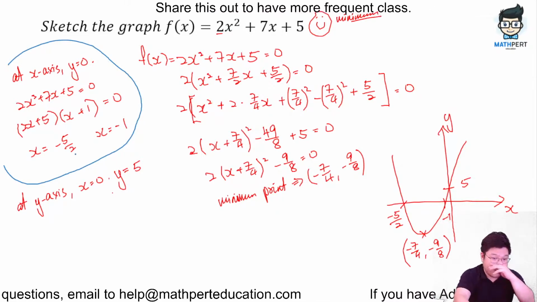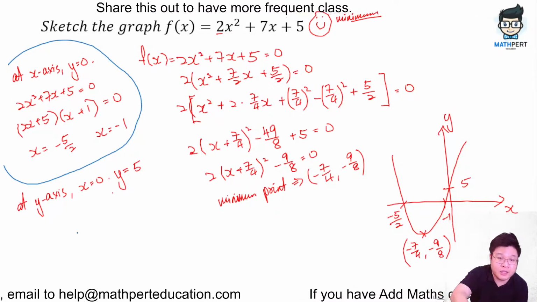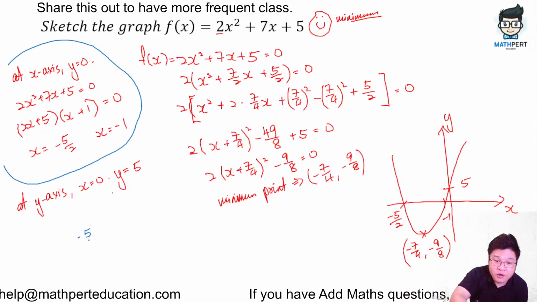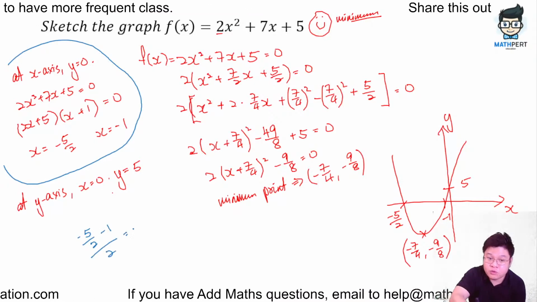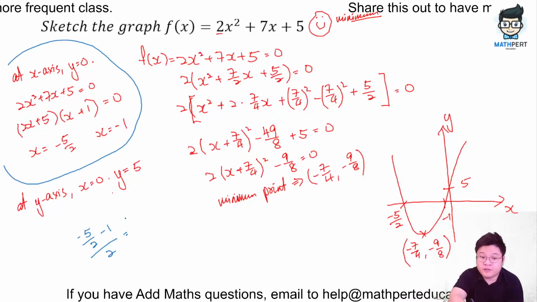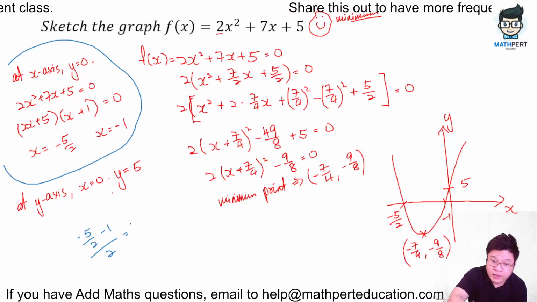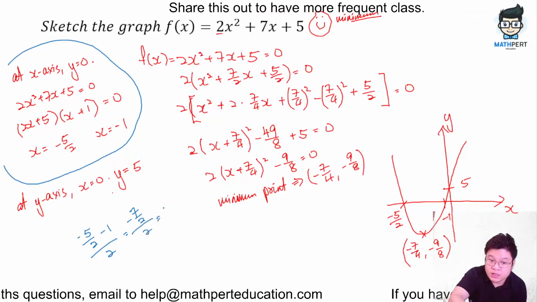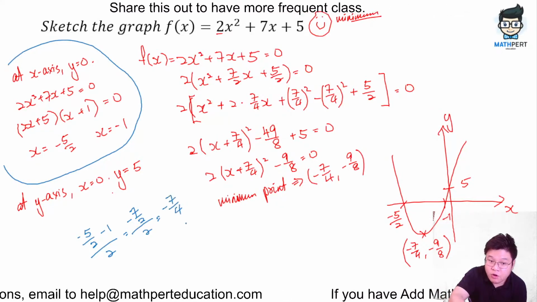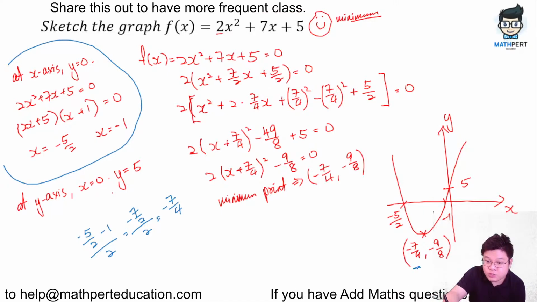So the midpoint between negative 5 over 2 and negative 1 will be negative 5 over 2 minus 1 over 2. You get negative 7 over 2, then over 2, which is negative 7 over 4. Do you notice that it is the same as this one?